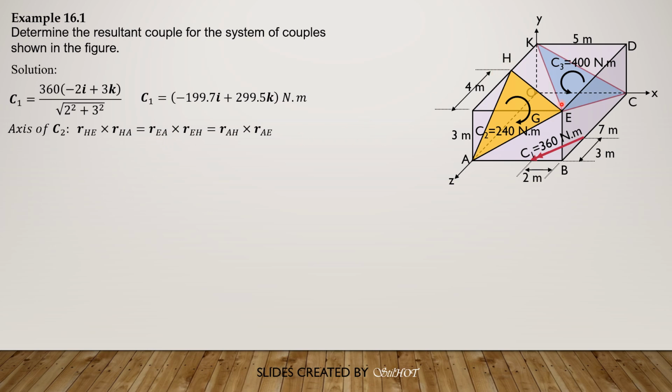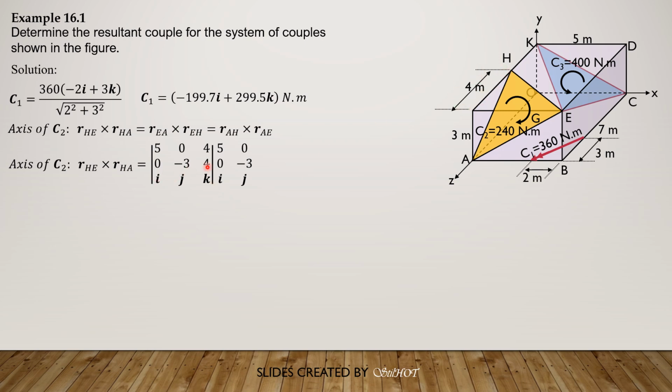So HE is positive 5i, then 0j, then positive 4k. So 5, 0, 4. Then for HA, it is 0i, then negative 3j going down, then positive 4k.